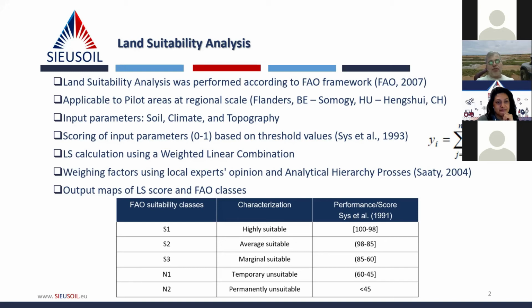The input parameters to the model are soil, climate, and topography parameters. The first step is to score these input parameters, meaning normalize, standardize them, receiving values from 0 to 1, based on threshold values. The land suitability calculation is performed using a weighted linear combination equation, like the one right here to the right.